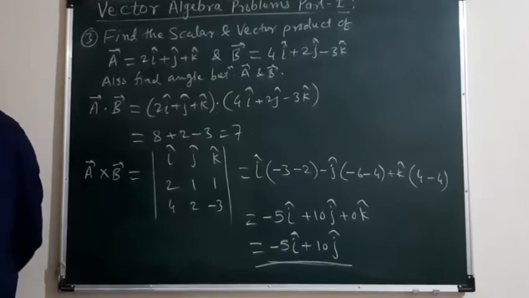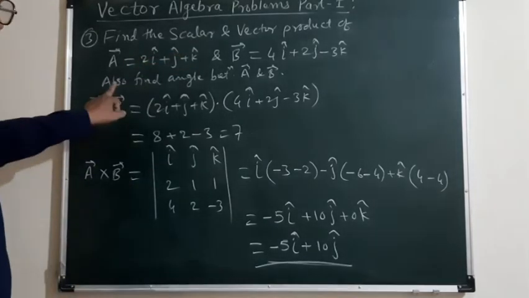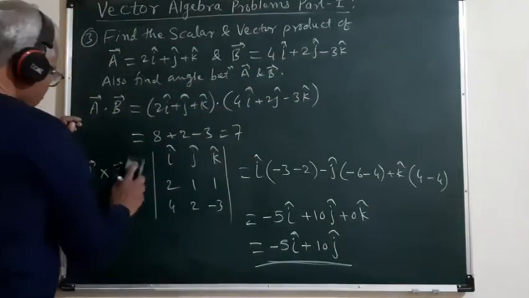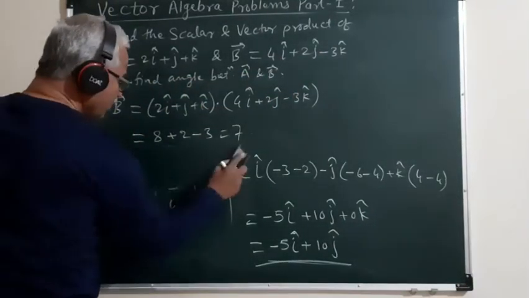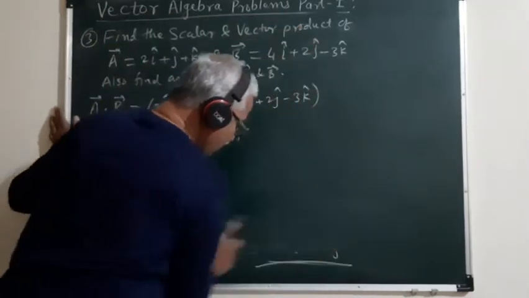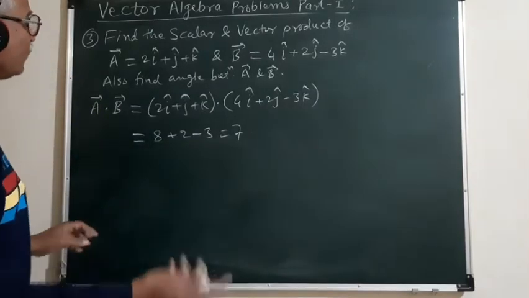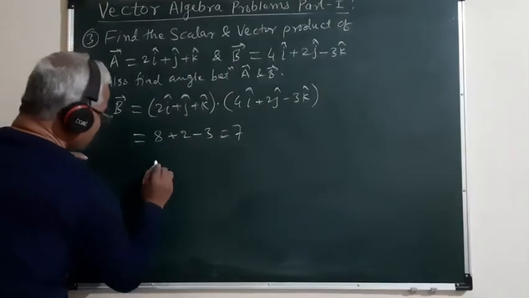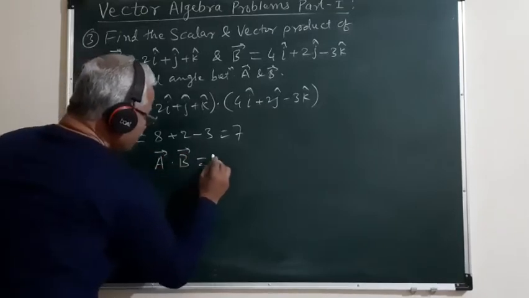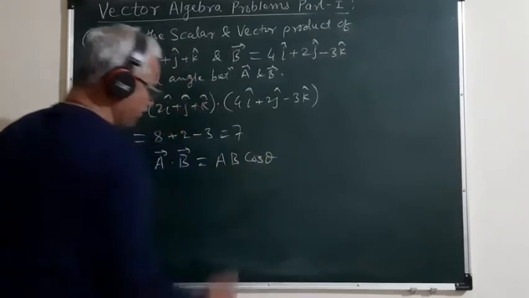Now we are asked to find out the angle theta between these two vectors a bar and b bar. So let us see how to obtain the angle theta. We have seen the definition of the scalar product of two vectors as a bar dot b bar is equal to A B cos theta.